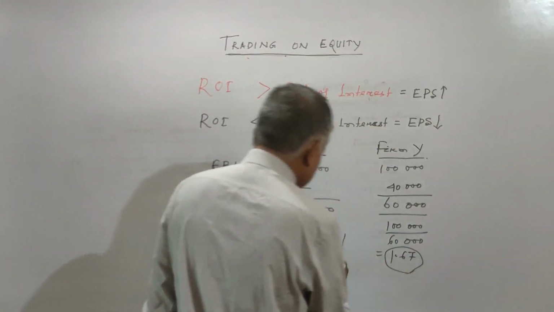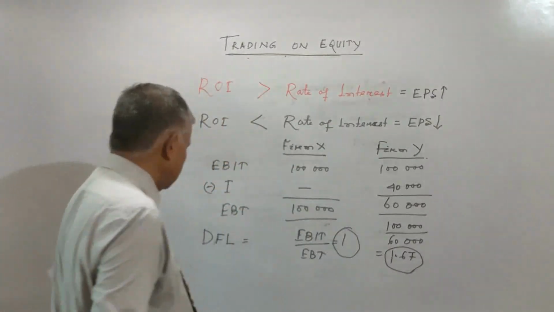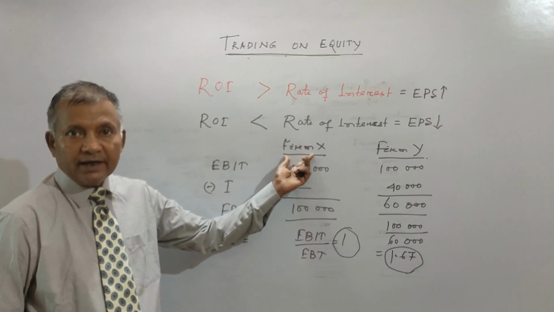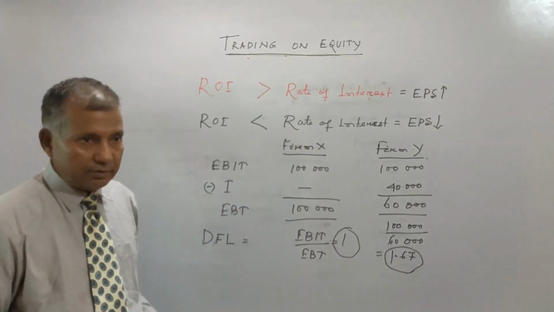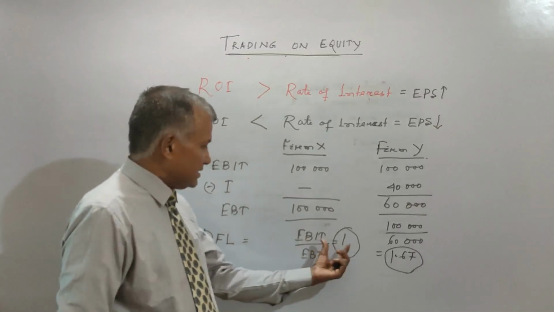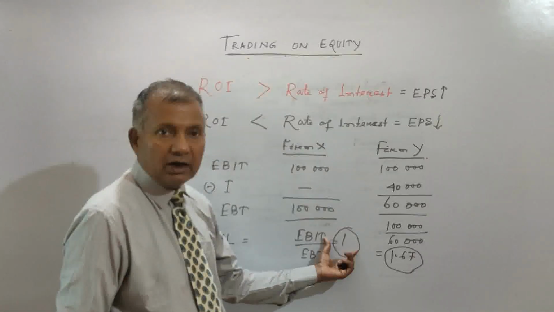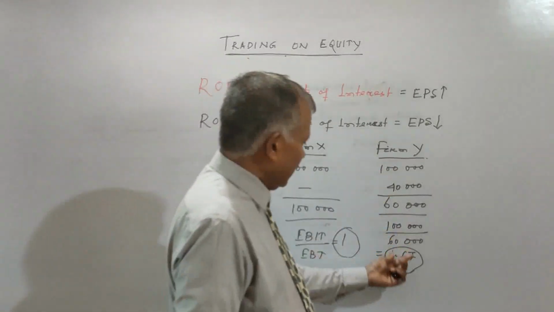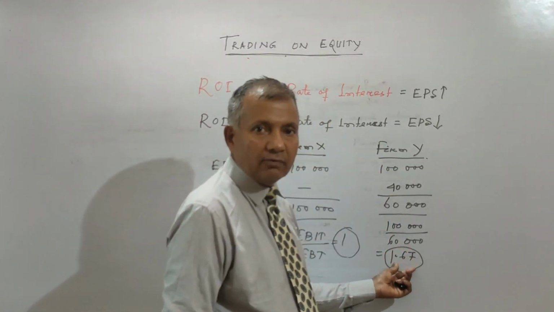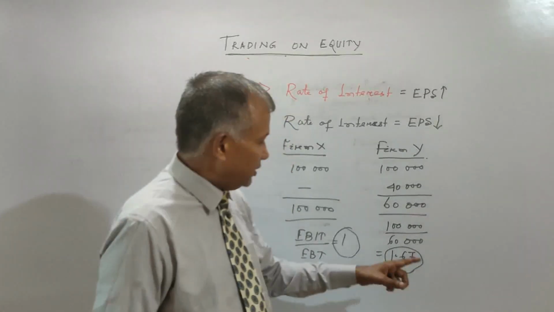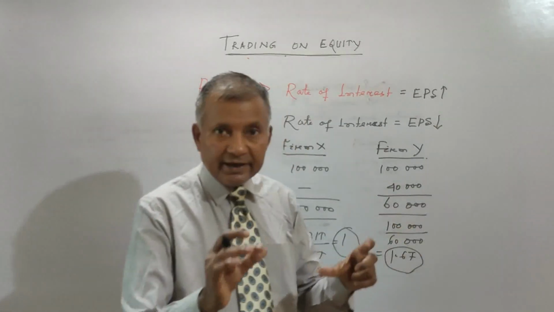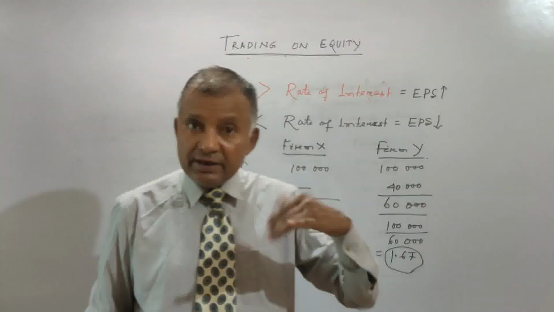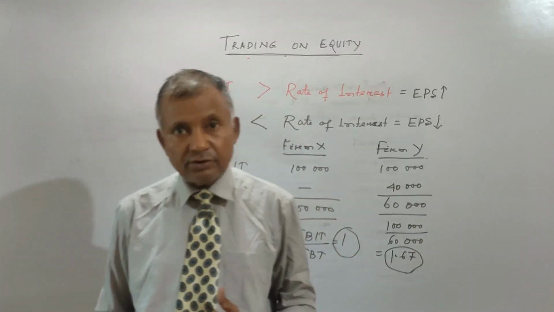So what information does it give? In case of unlevered firm X, where there is no debt, the financial risk is only 1, that is no risk. But in case of firm Y, it is 1.67, so the firm carries more financial risk. This is one disadvantage.